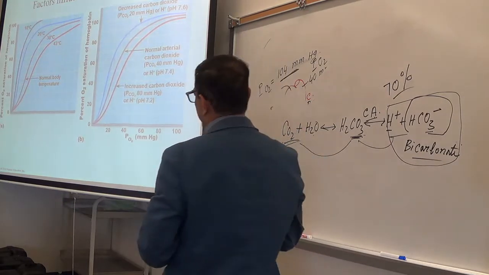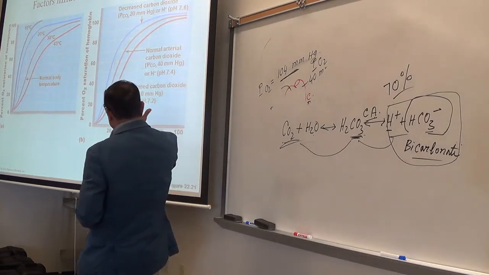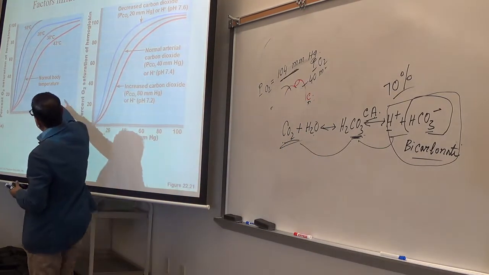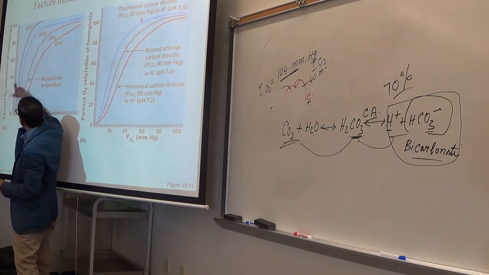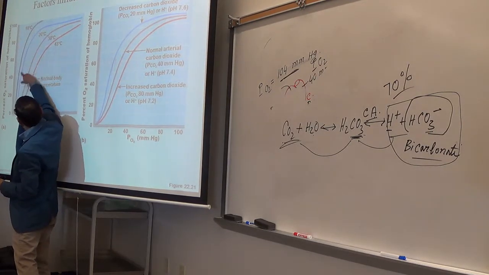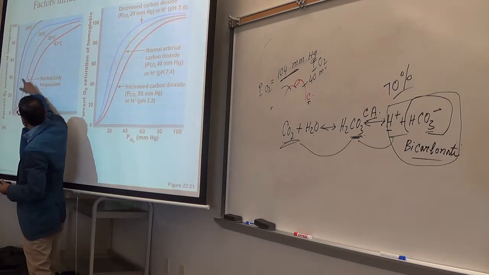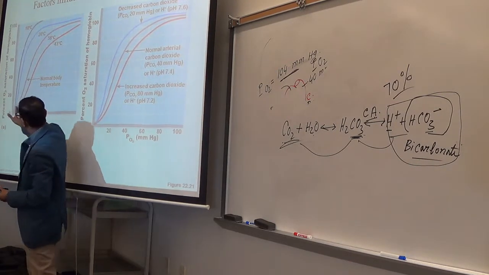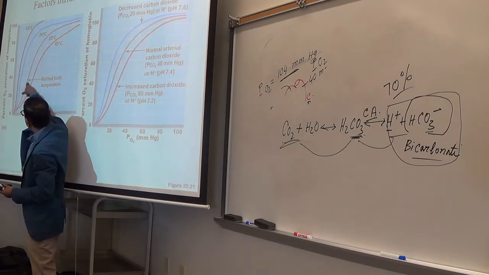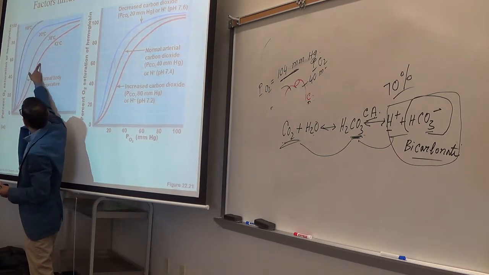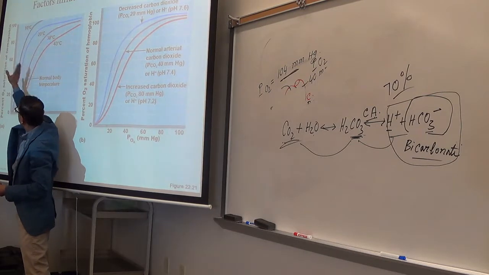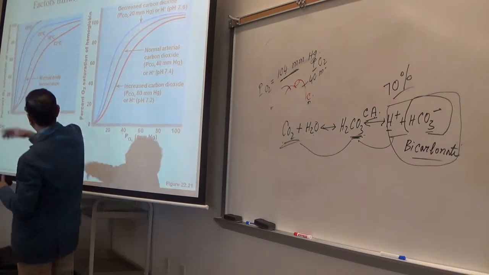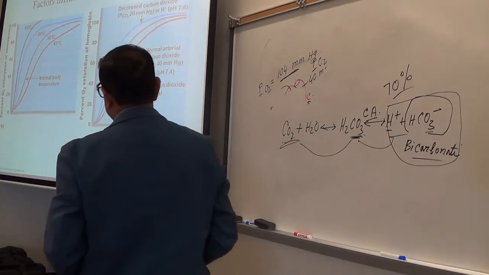Here you see this curve. This is normal body temperature, so this is the normal saturation curve. This way is the pressure, this way is the binding. So this is normal. If the temperature increases, the binding will be less and the curve will shift rightwards, okay?